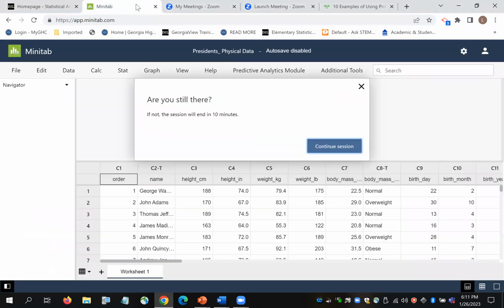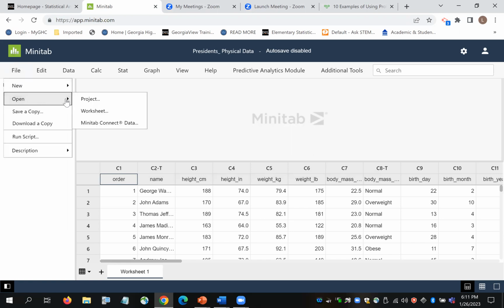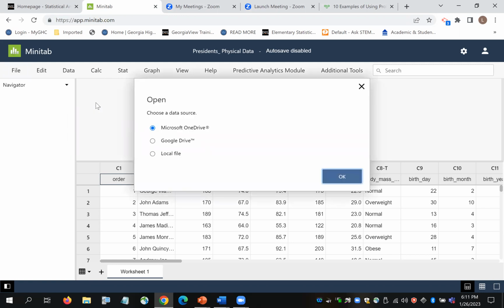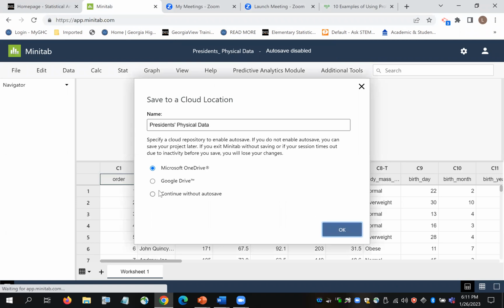I've already pulled the data set into Minitab. But to remind you, for those of you who were not present last week, there are videos in D2L on how to do it, but you go to File, open, and I'm opening a project from a local file, and I choose the president's physical data.